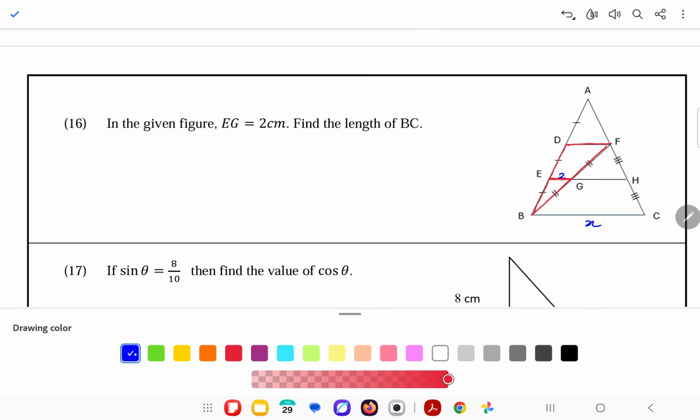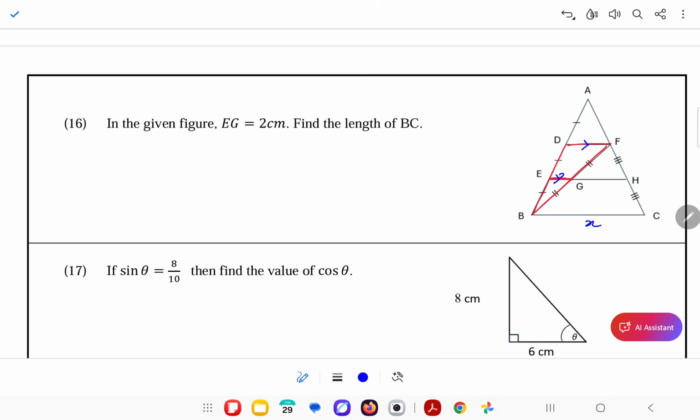We know from the midpoint theorem, these two are parallel, and this is 2, no? This is 2 means this is double of that, no? DF has to be 4. So now we have DF length. Now you can find BC length.